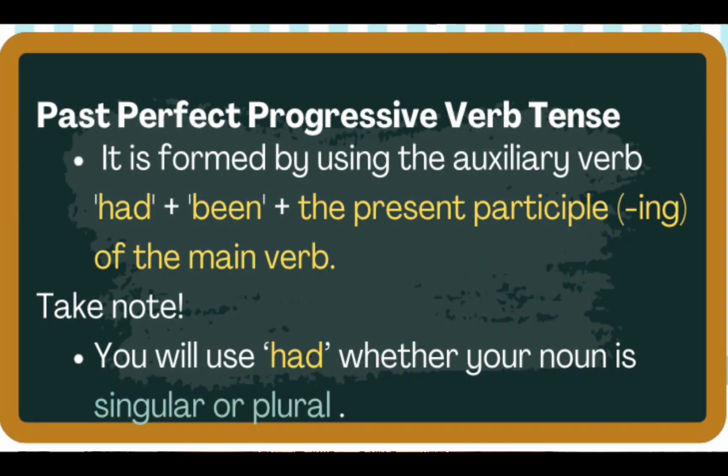It is formed by using the auxiliary verb had plus been and the present participle of the main verb. When we say present participle, that means the simple verb plus ing. Take note that you will use had whether your noun is singular or plural in the past perfect progressive tense.